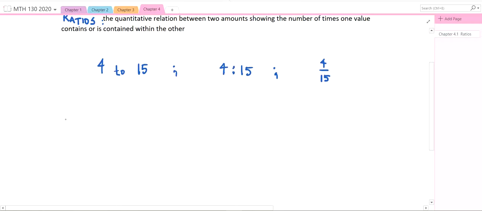Now we can relate ratios and form what we call a proportion. Here we essentially equate two ratios.